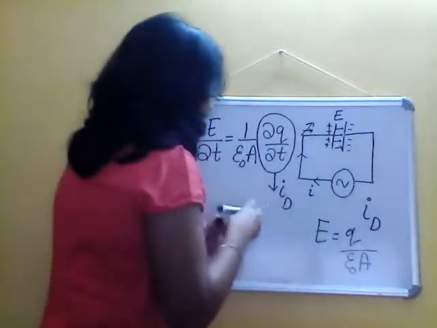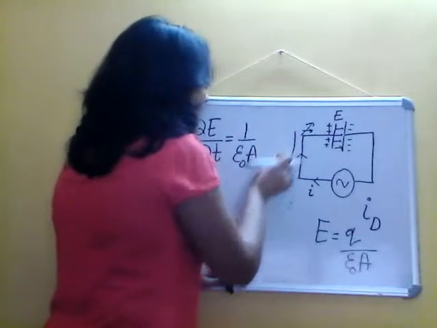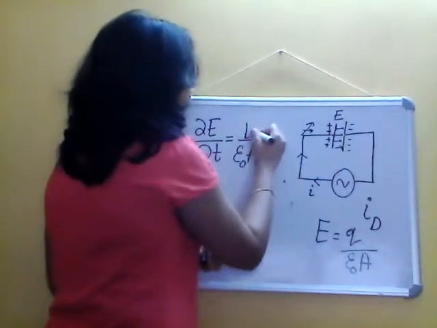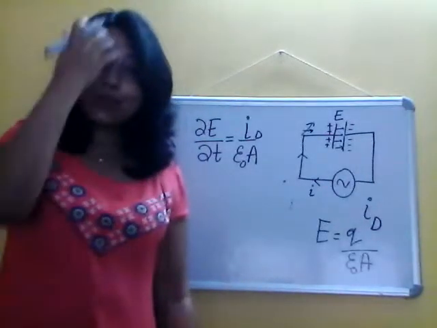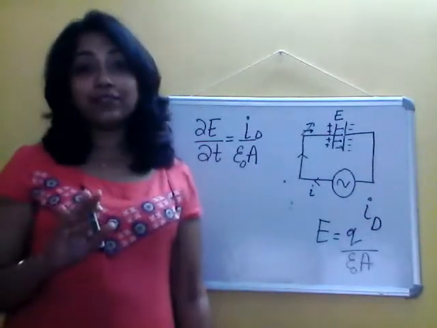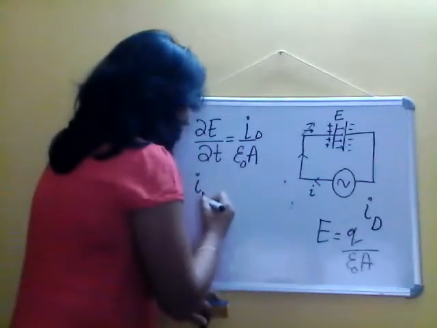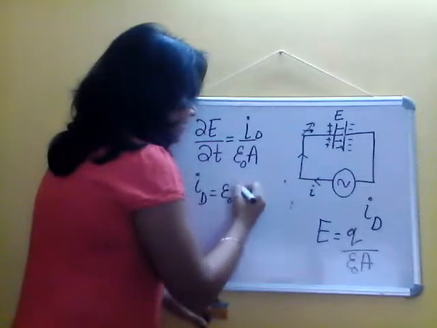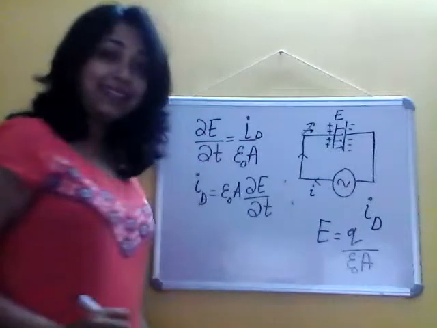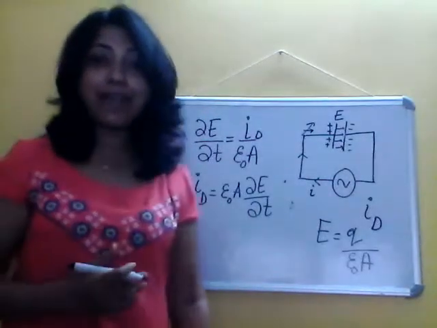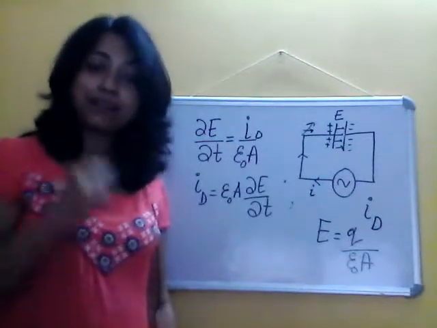So if I write it in a little better manner, this time rate of charge was identified by Maxwell as I_D. So I hope all of you will agree with me and with Maxwell that I_D can be written as ε₀A ∂E/∂t. Now here we have the mathematical value of the so-called displacement current.